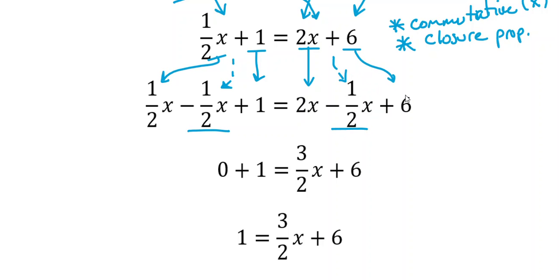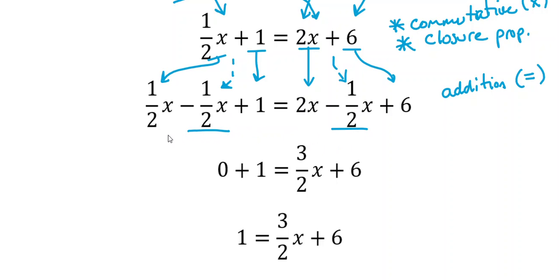And that is, say it with me all together here, the addition property of equality. That says that you can add the same thing to both sides of an equation, and the equation is still equal, still true.